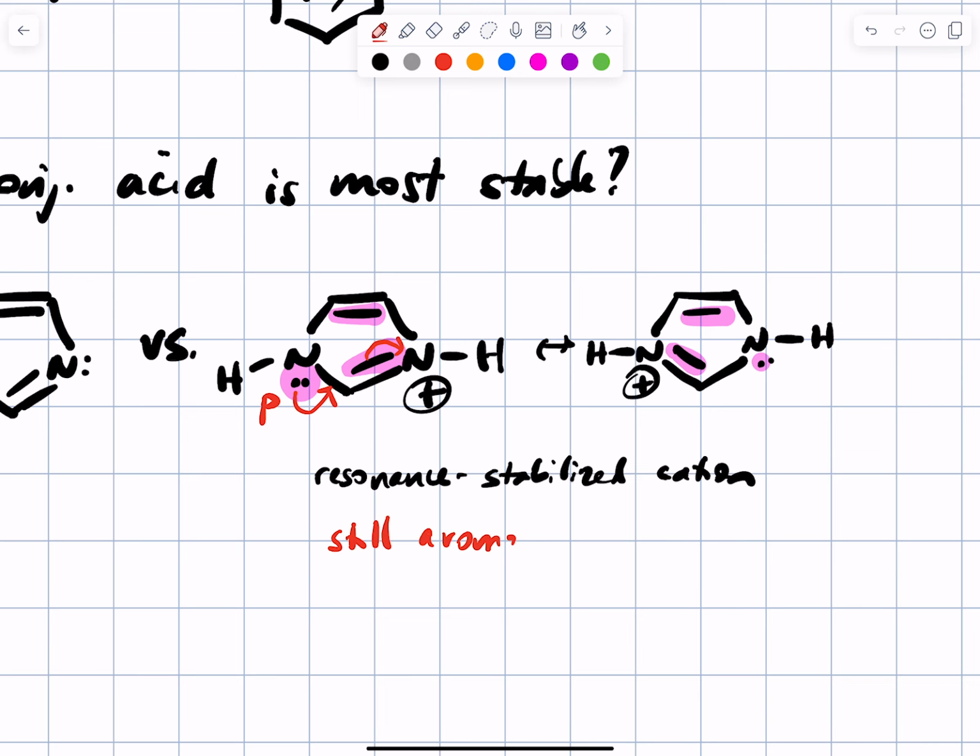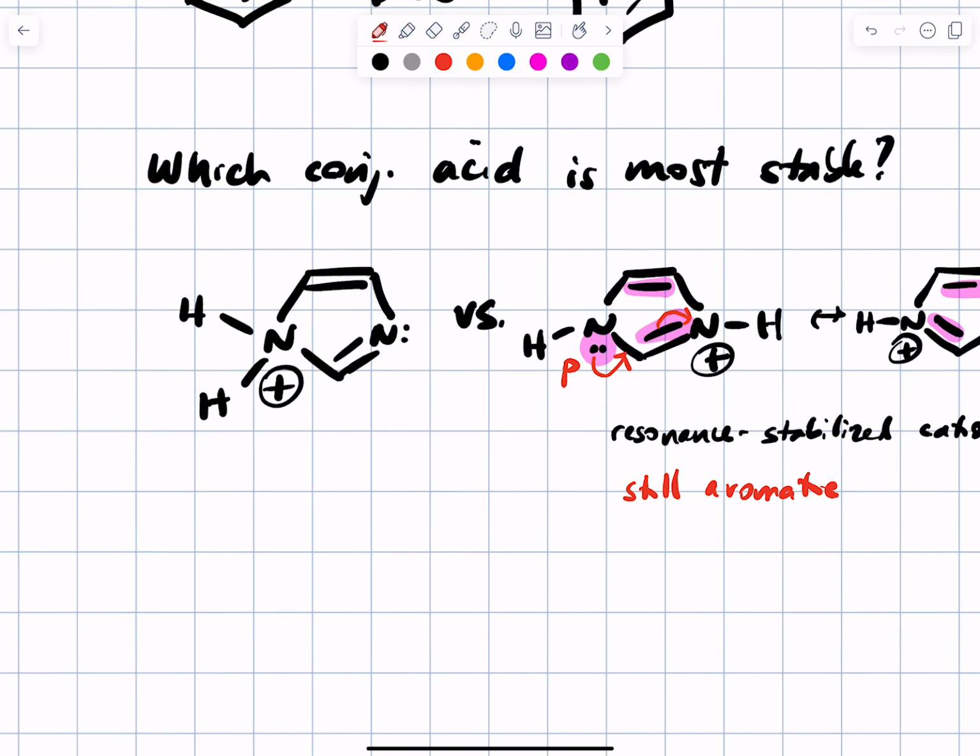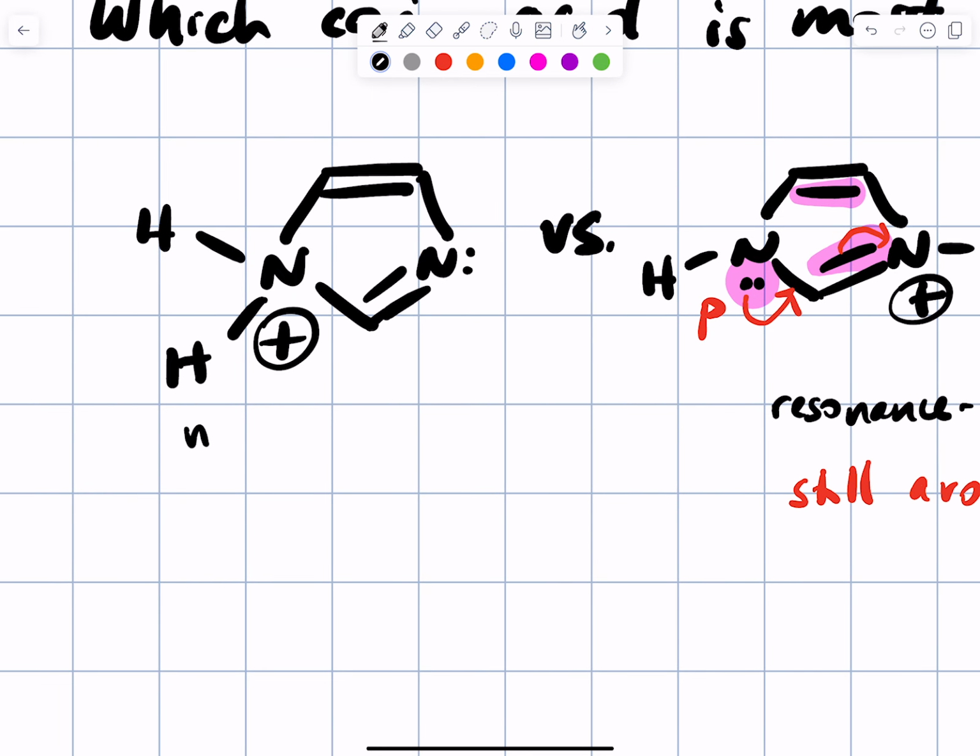The problem with protonating the nitrogen on the left is that this one is not aromatic anymore. The nitrogen that got protonated has to be sp3, so the ring is not fully conjugated.